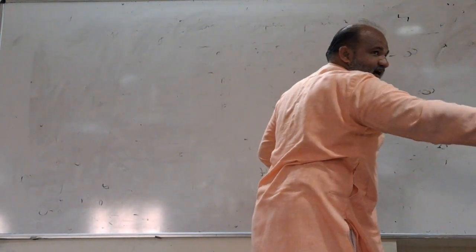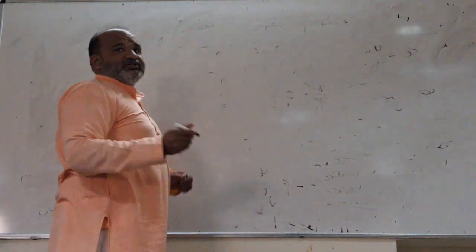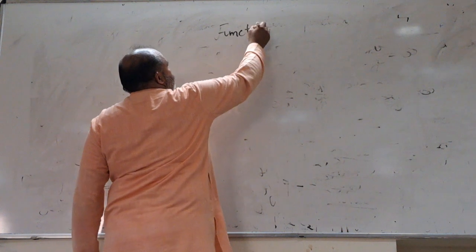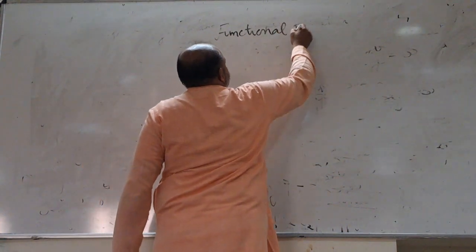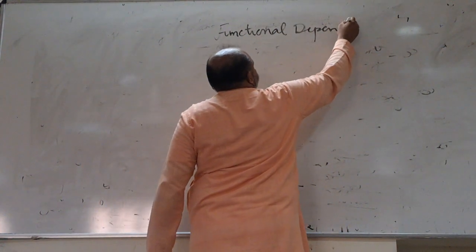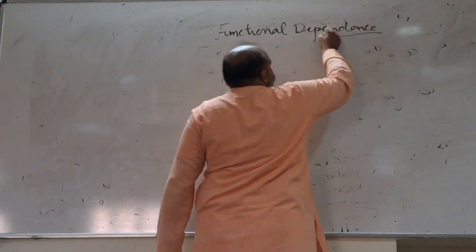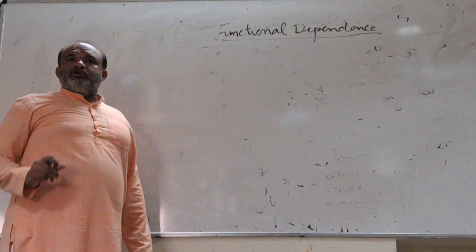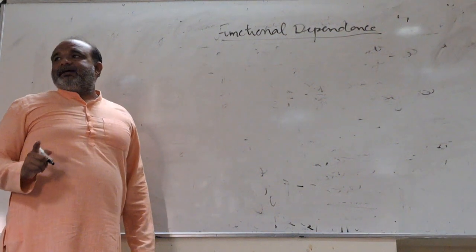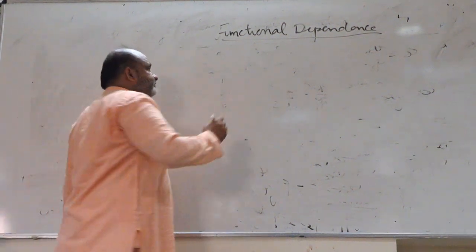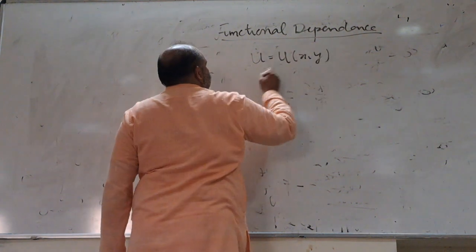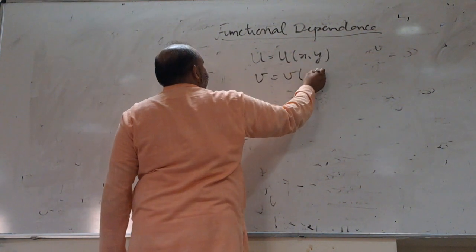The topic is functional dependence. I am given two functions u and v with respect to x and y: u is equal to u(x,y), v is equal to v(x,y).